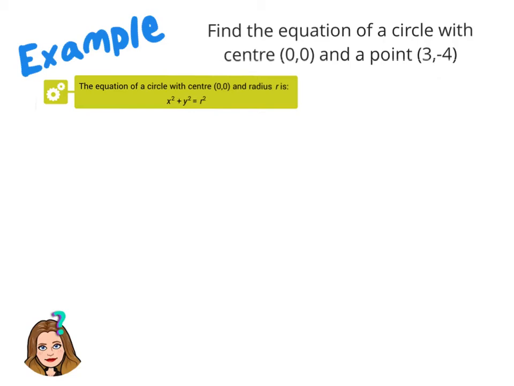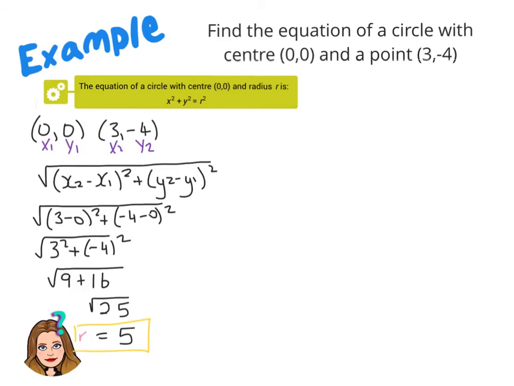Write out the distance formula, label your points and fill it in. Okay, so here we labeled our points, x1, y1, x2, y2, wrote out the formula, filled it in, broke it down, and we got that r equals 5. Now we can go and substitute r equals 5 into this formula here. So you're essentially saying that x squared plus y squared equals r squared.